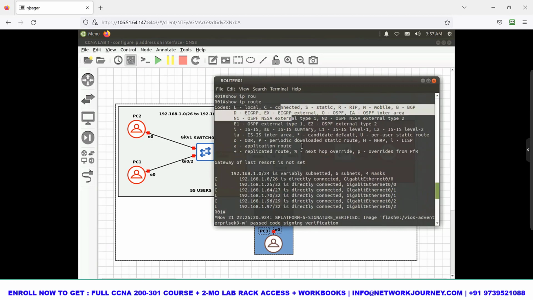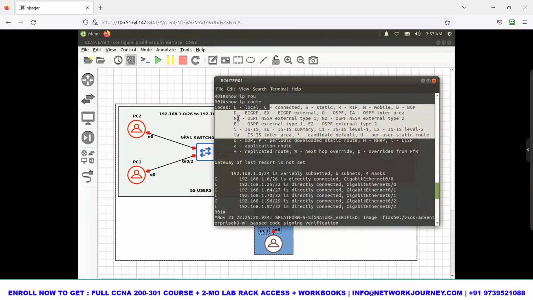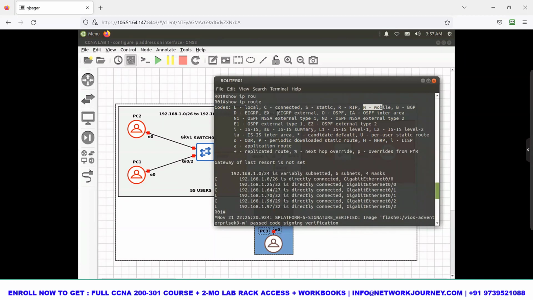I will not see it. But these are some of the protocols: static, RIP, mobile, BGP. We don't use all those things. EIGRP, EIGRP external, OSPF inter area. Now this is a part of OSPF itself: inter area, NSSA external, type 1, type 2, E1.